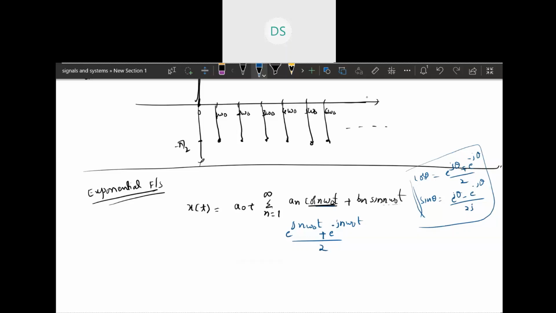Similarly, for bn, sin n omega naught t means sin theta, which can be written as e power j theta minus e power minus j theta by 2j. Replacing theta with n omega naught t, it becomes e power j n omega naught t minus e power minus j n omega naught t divided by 2j.